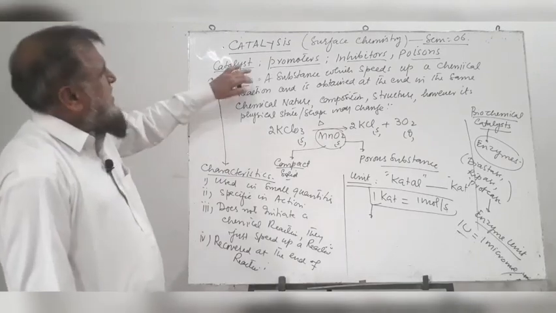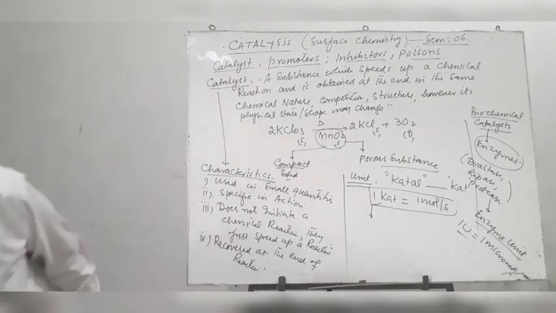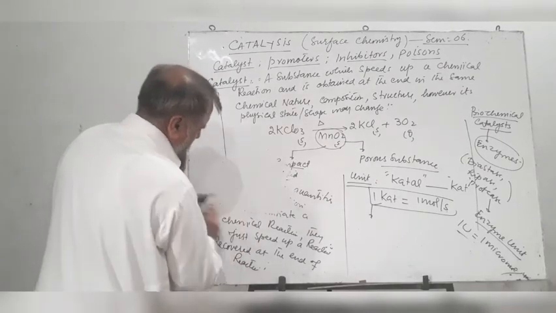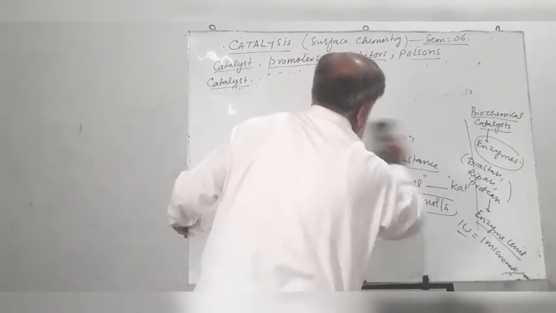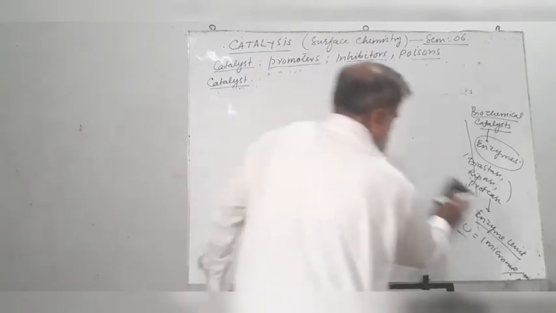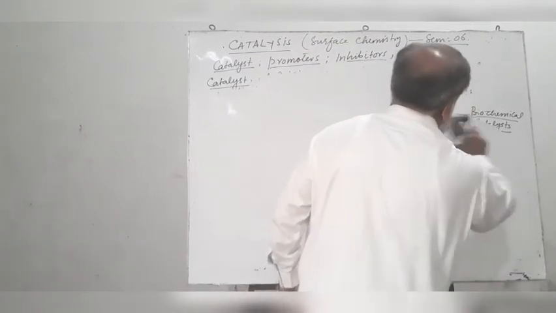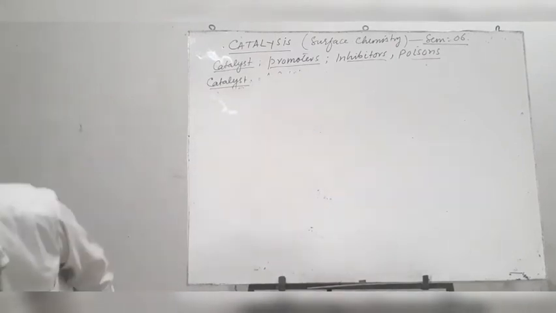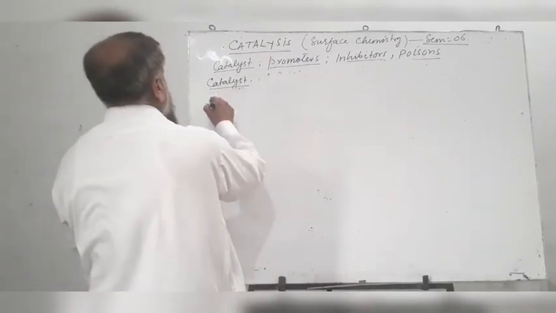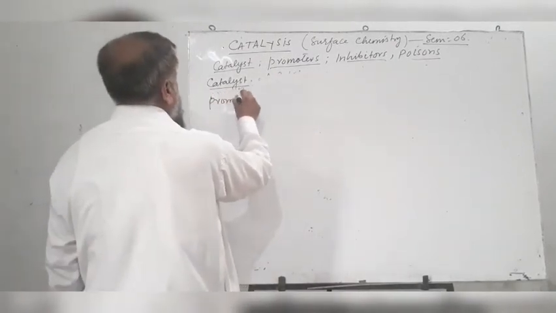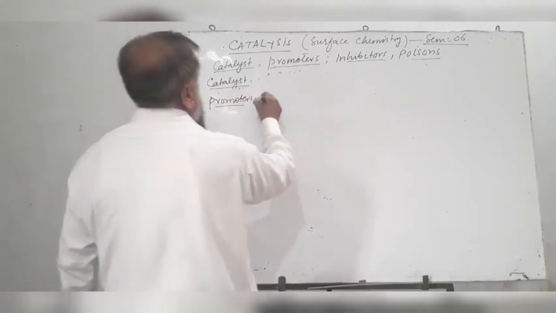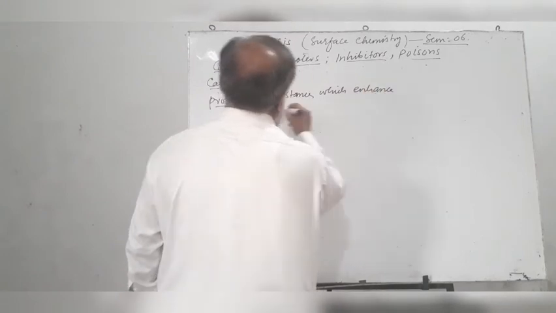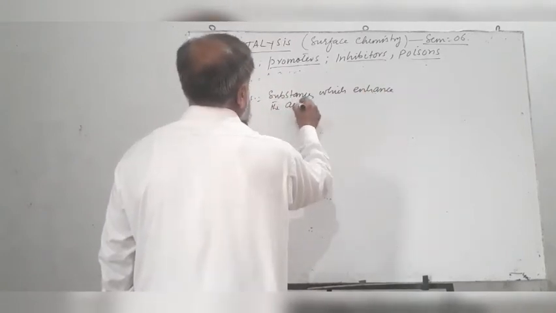Now there are some other terms which are generally used. First one is called the promoter. What are promoters? Promoters are the chemical substances which increase the activity of catalyst. Promoters are the substances which enhance the activity of catalyst.